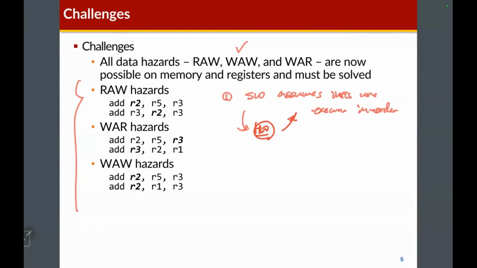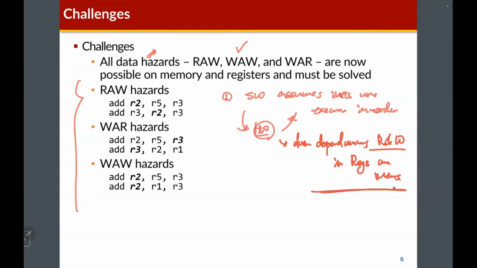In order to support this assumption, the hardware needs to consider data dependencies between read and write in registers and memory. It's very important. This is a critical challenge of the out of order execution engine.